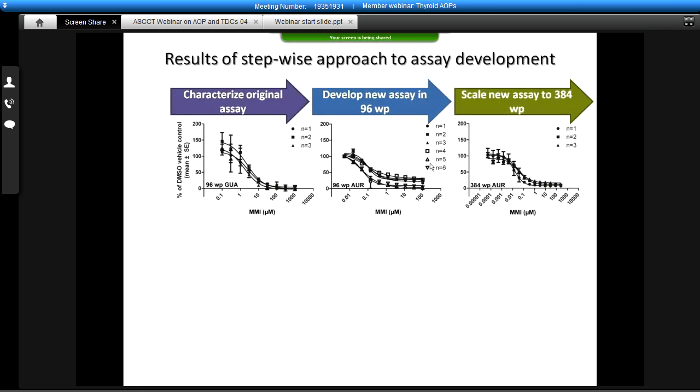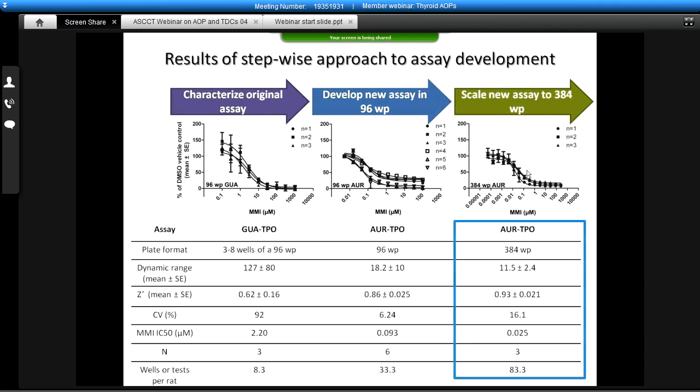So I'll just review for you the results of all of that, which it's really funny to encapsulate on one slide so much of one's life, but it was a really fun process that really started with characterizing the original legacy assay shown here on the left-hand side of the slide. I represent the guaiacol assay as GUA, G-U-A, and then I developed the new Amplex Ultra Red assay in a 96-well plate first, and then scaled this to a 384-well format.